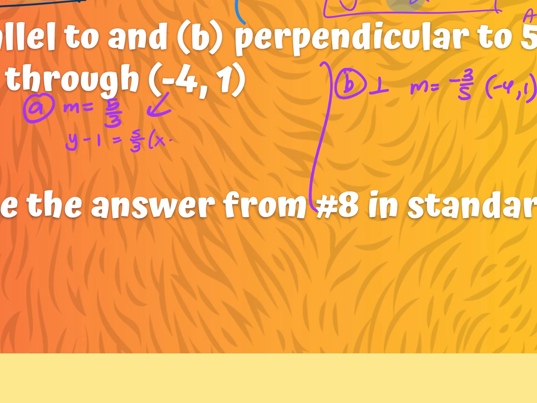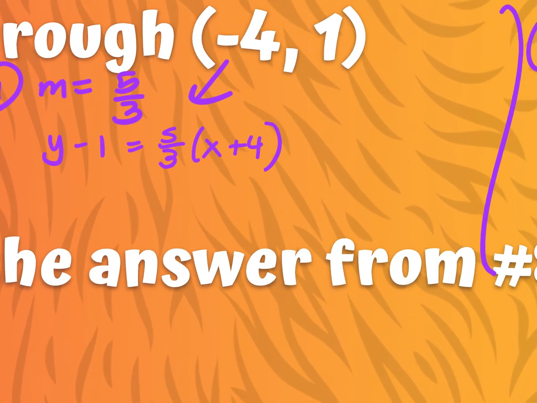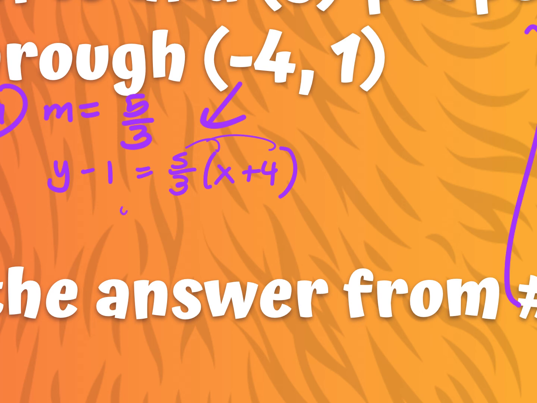X minus a -4 becomes +4. Distribute the 5/3, so y minus 1 equals 5/3 x plus 20/3. Add the 1, and y equals 5/3 x. This would be 3/3 plus 23/3.